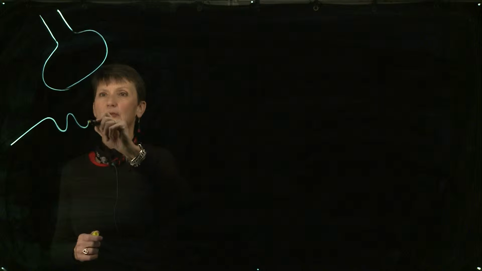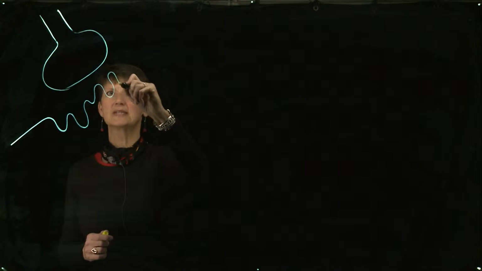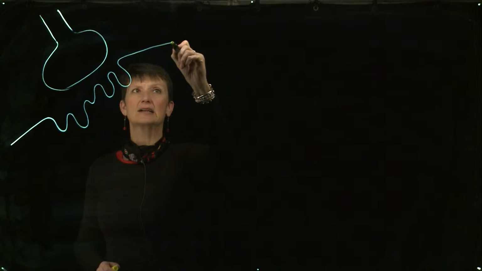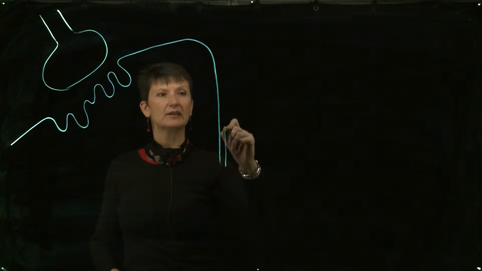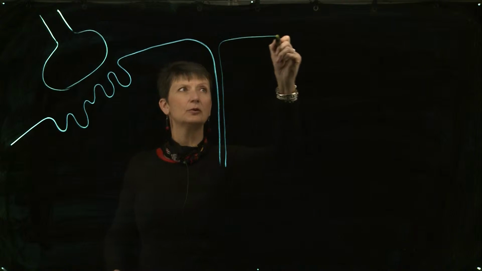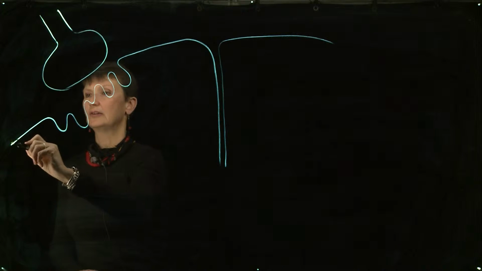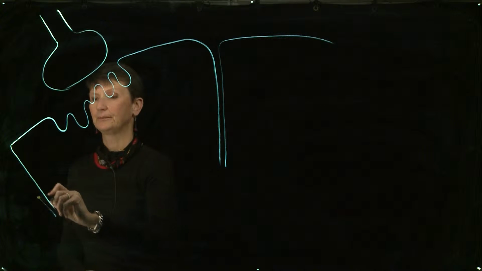And so here I'm drawing the sarcolemma, and notice that nearby that axonal terminal, it is very convoluted. This right here illustrates a T-tubule, and perhaps there's another T-tubule over here.